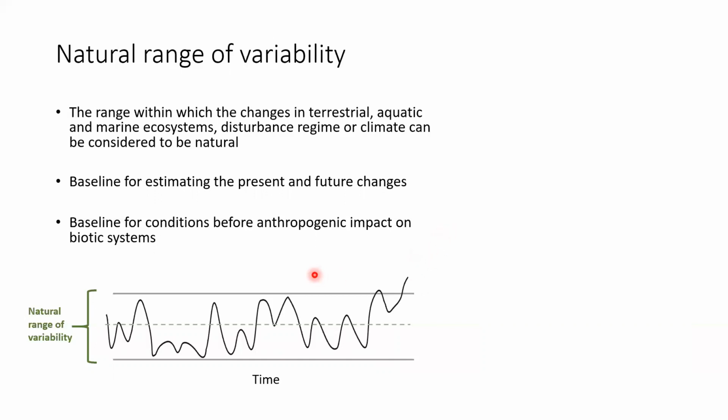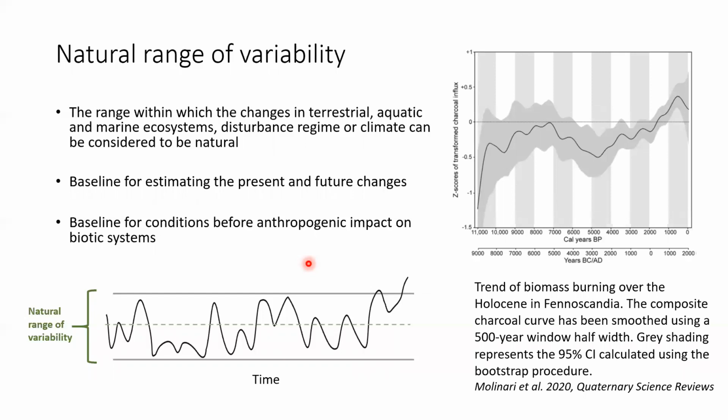I've taken here as an example one study that is done from Northern Europe, basically covering Fennoscandia. And this figure here presents burning over the Holocene, so during the last 11,000 years.